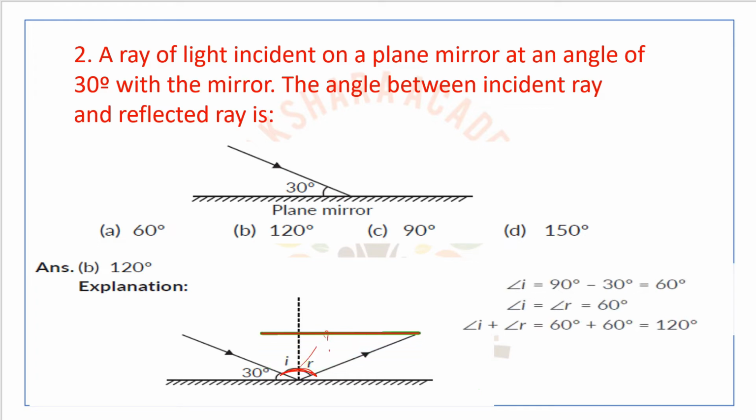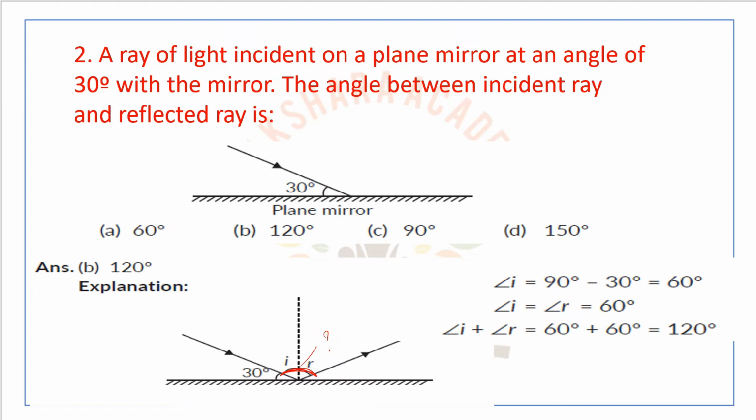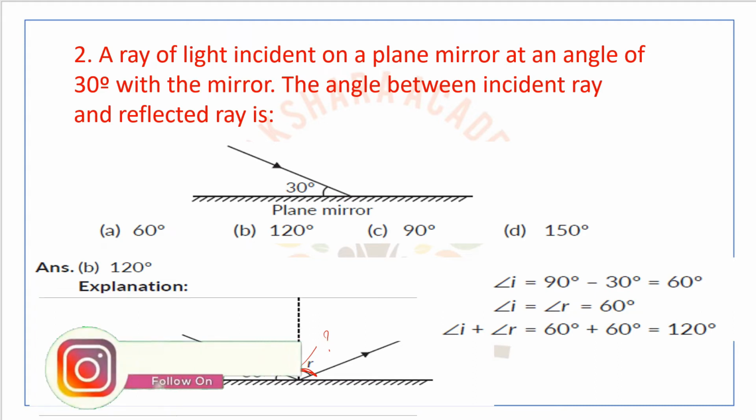Okay. So angle i is equal to 90 minus 30. This normal makes 90 degrees with the mirror. So angle i is equal to 90 minus 30, that is equal to 60 degrees.